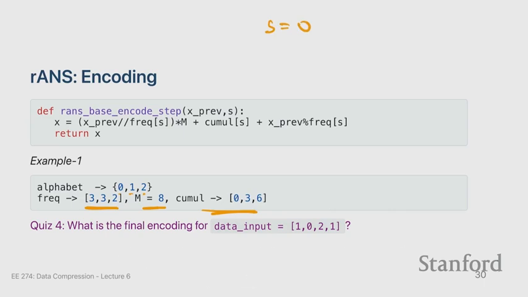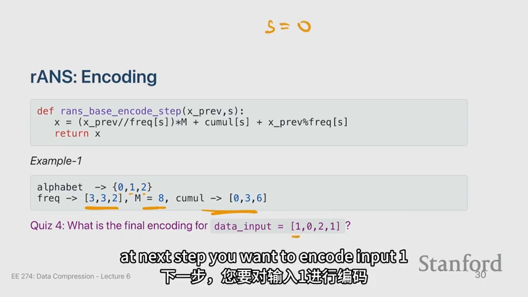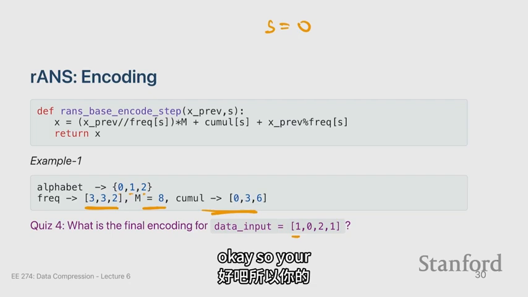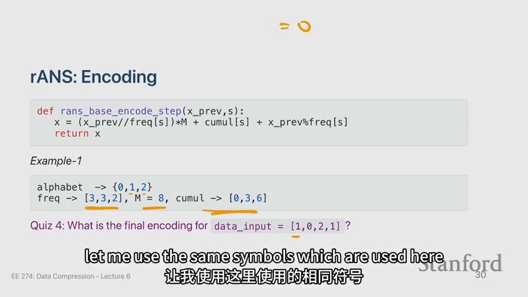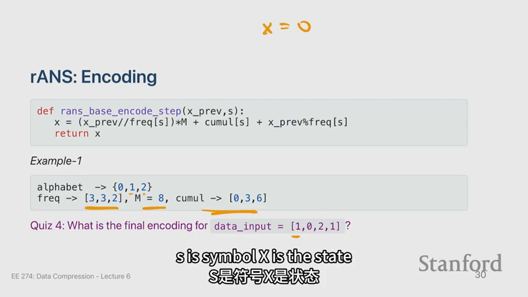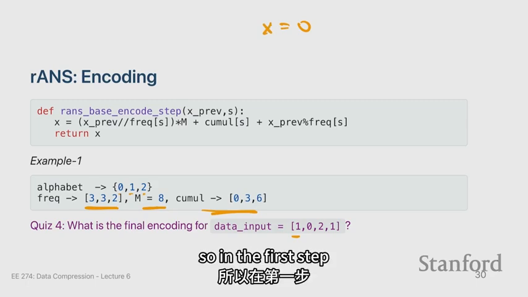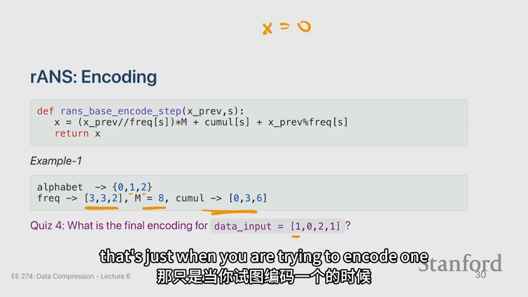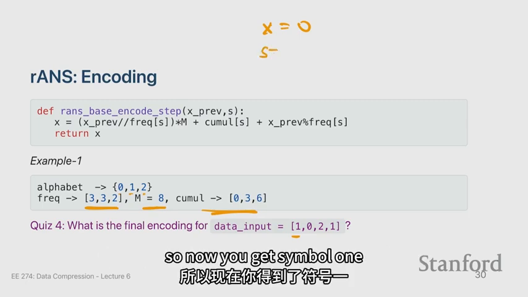At the next step, you want to encode input 1. Let me use the same symbols which are used here. Your initial state X is 0, S is the symbol, X is the state. When you are trying to encode 1, you get symbol 1.